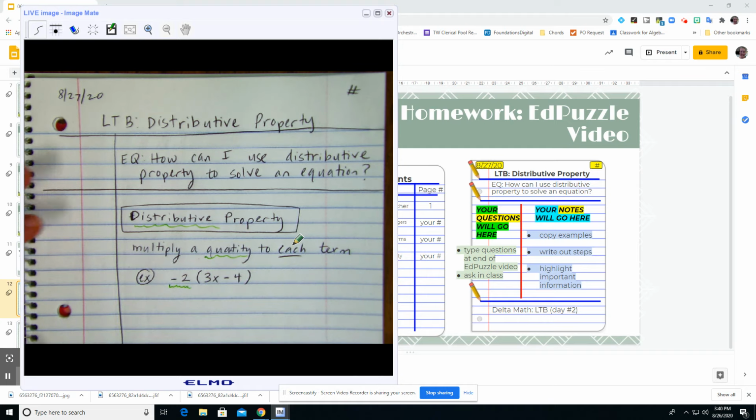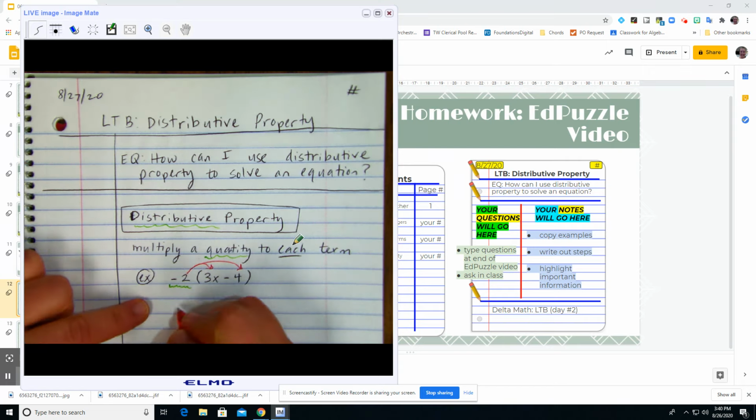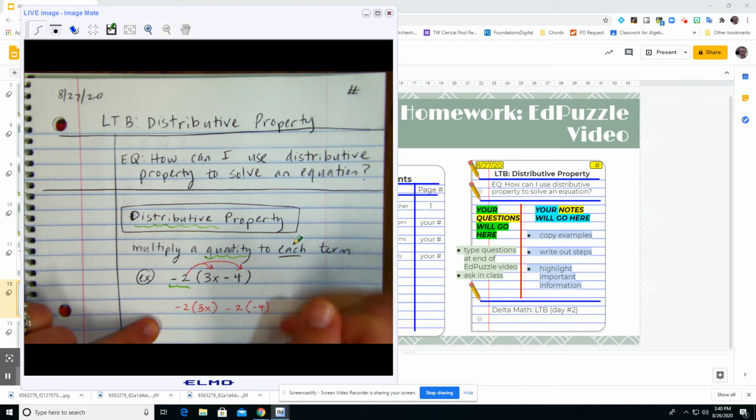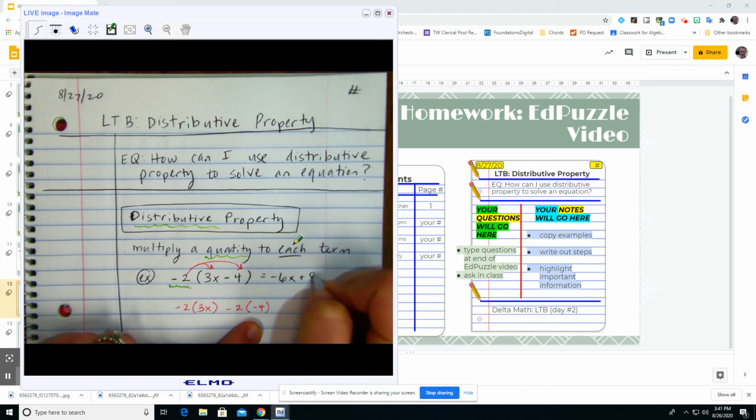It's going to multiply to the 3x and multiply to the -4. So the first step is -2 times 3x. And the second step is -2 times -4. So this distribution, if I multiply those two terms, I get a -6 times x, and then a -2 times -4 is a +8.